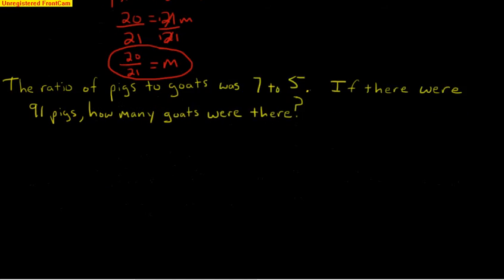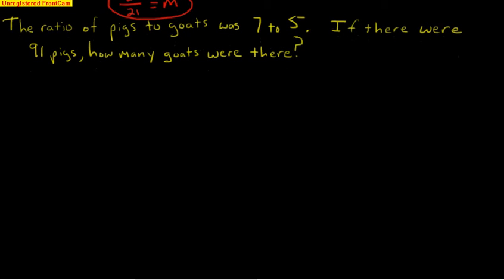So how do we apply that to a word problem? Like all word problems, we write down what we know, and we write down what we're trying to find out. In this case, the ratio of pigs to goats was 7 to 5. I'm going to write that pigs 7, goats 5. I'm going to write that in terms of a ratio, 7 to 5.